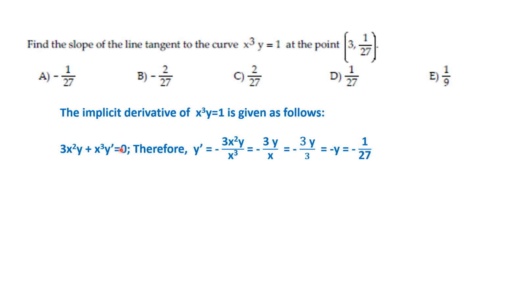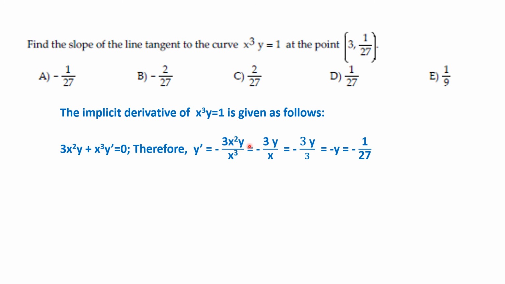Now we can move and solve for y prime. If we do so, y prime will be equal to negative 3x squared y divided by x to the power 3. And this is equal to negative 3 multiplied by y divided by x, because we cancel x squared from the numerator and x squared from the denominator.